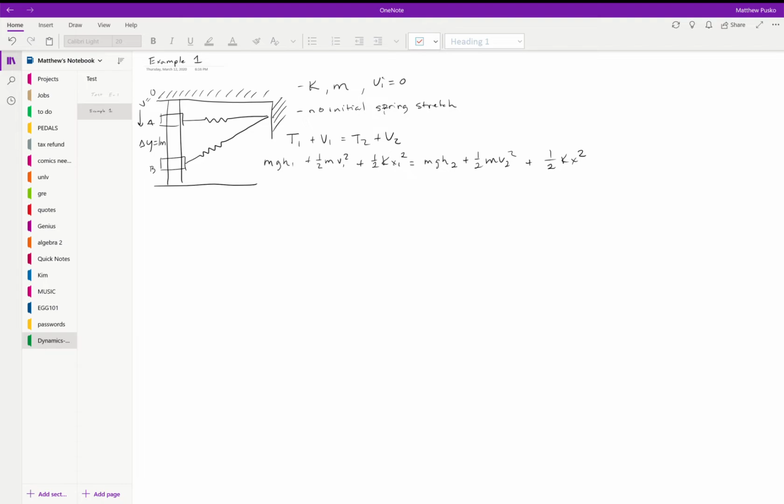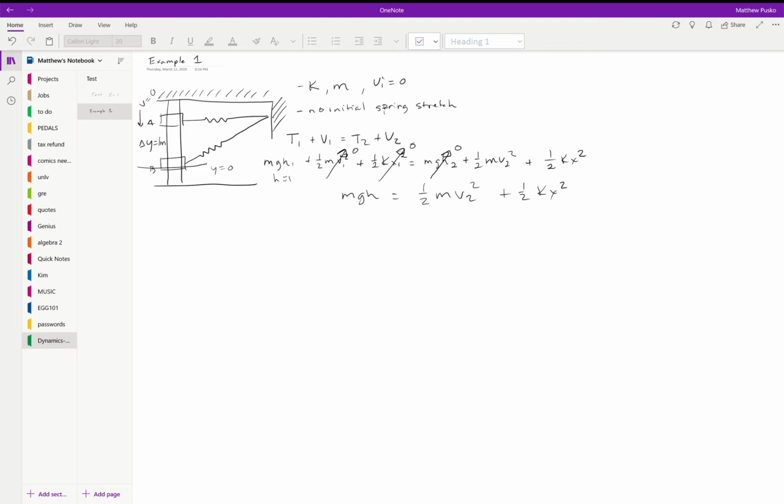Okay, so if it had no initial velocity, we can get rid of that term. I'm going to say h is equal to 1, calling here 0, which means in our final state we have no potential energy. It also said no initial spring stretch, so we can get rid of this term. Now we're just left with mgh is equal to 1/2 mv final squared plus 1/2 kx squared.